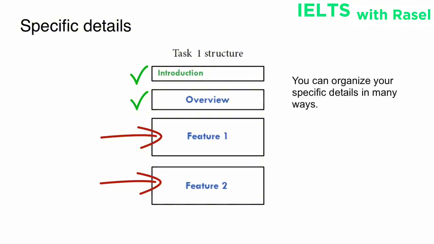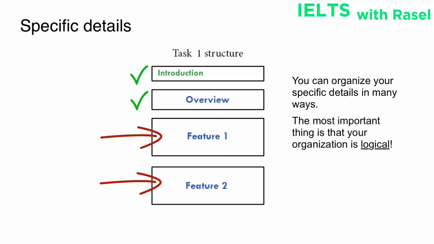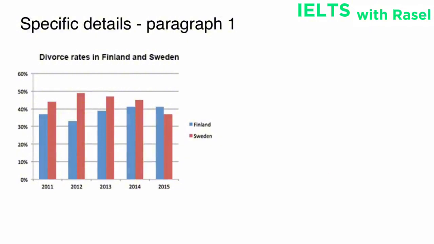You can organize your specific details in many ways. The most important thing is that your organization is logical. Ideally, you should write 2 or 3 separate paragraphs. Let's look at how I group the specific details.